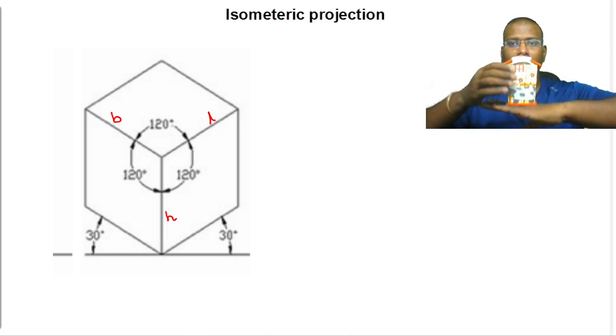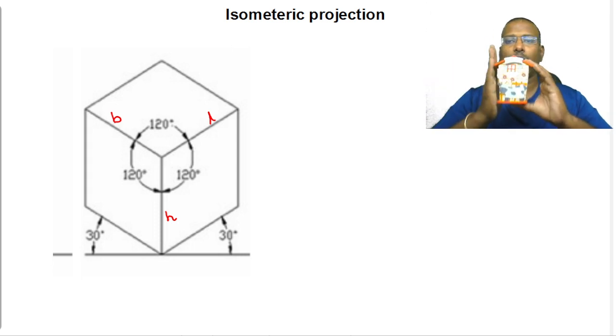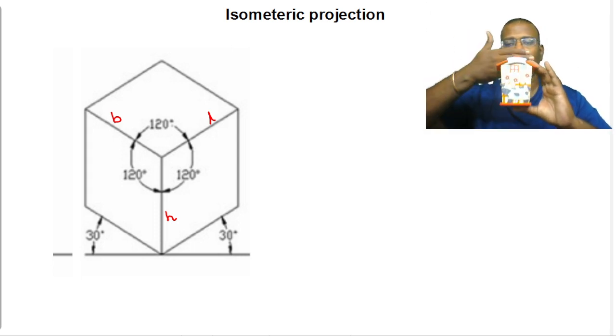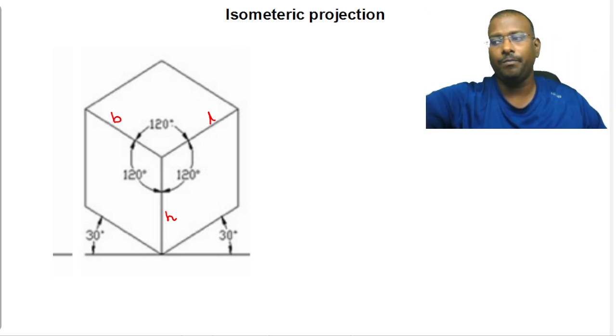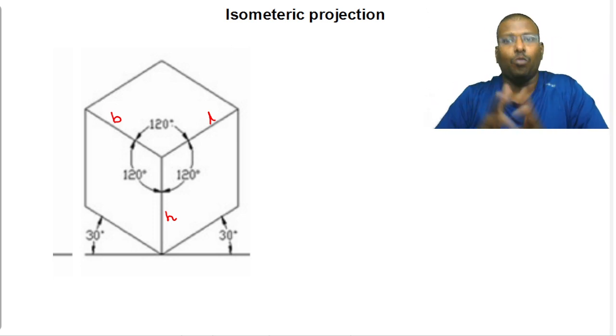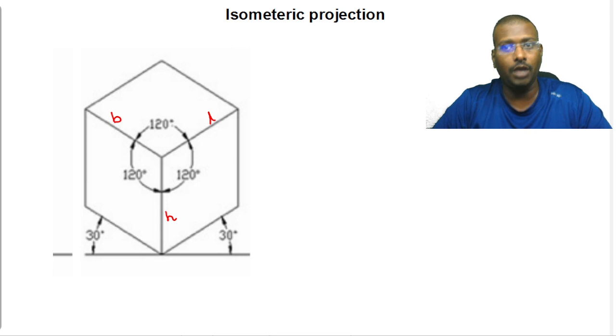Bottom one sheet you place, top one sheet you place, leftmost one sheet, rightmost one sheet, front another sheet, back another sheet. So even though the object is not in a cuboidal shape, we have to enclose this particular object in a cuboid element. Then only we can go ahead with isometric projection.